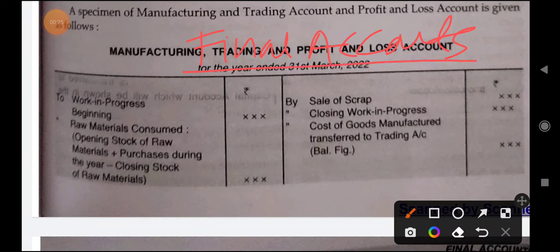See, final accounts is such an important topic for all commerce students, whether inter, degree, or even MBA students, as well as BTech students. One topic will be there relating to final accounts.